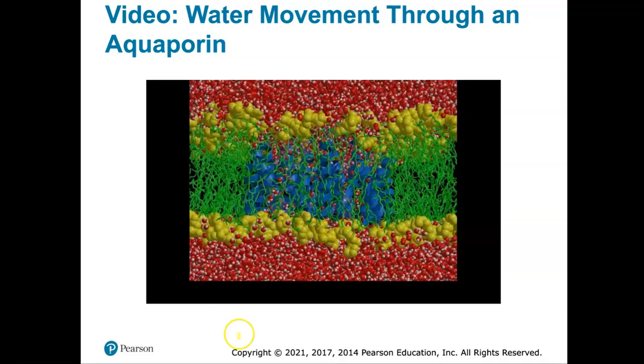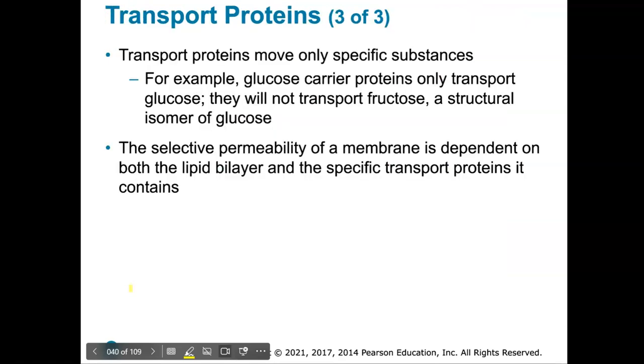And there's a video on aquaporins and the movement of water across the membrane, and this is slide 39. And then there are transport proteins for specific substances. For example, there's glucose carrier proteins.